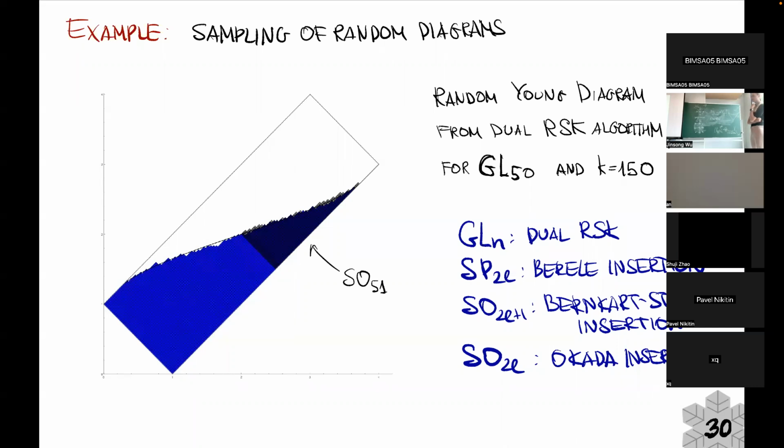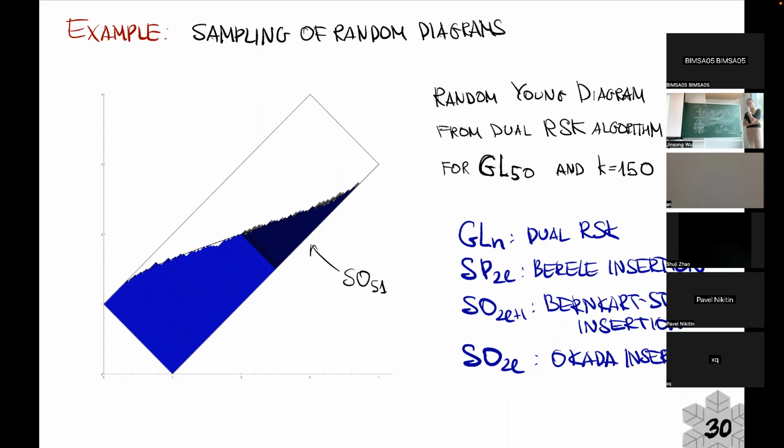Skew RSK, and Olga mentioned dual RSK. So there is no skew tableau, we just get a tableau. No, it's difficult to explain.